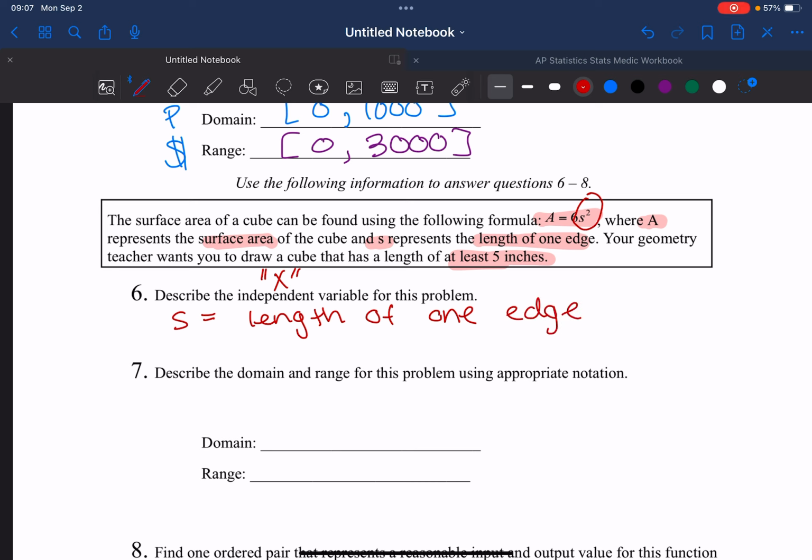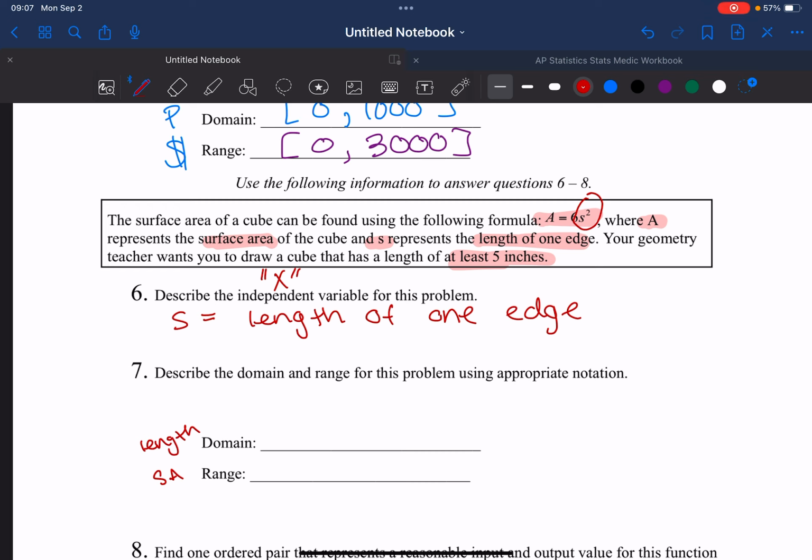Okay. So when we're finding our domain and our range, we know that x is domain. So s, that length, is our domain, and our range is the surface area. So for domain, if we look back at the problem, it says your geometry teacher wants you to draw a cube that has a length of at least 5 inches.